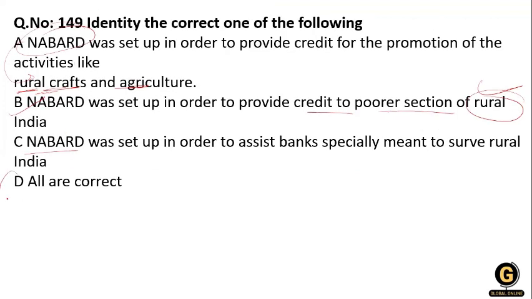Yes. So all of the above is the right answer. NABARD was established on the 12th of July 1982. Again, the full form of NABARD is National Bank for Agriculture and Rural Development.